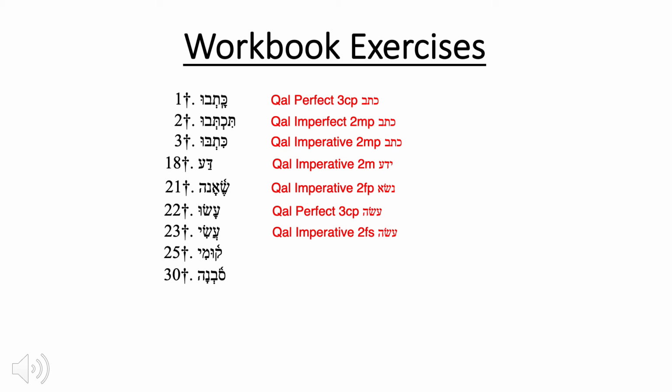There is no hirik yod ending by itself in either the perfect or the imperfect, meaning that this is either an object marker, something to me, which I suppose is possible, but the shva is what really gives it away when combined with that hirik yod. We've had a vowel reduction that has taken place. We've lost something off the front of this verb. In this case, we've lost the tav that would have had the vowel. Instead, we're just left with asi. So this is a Cal imperative 2FS.